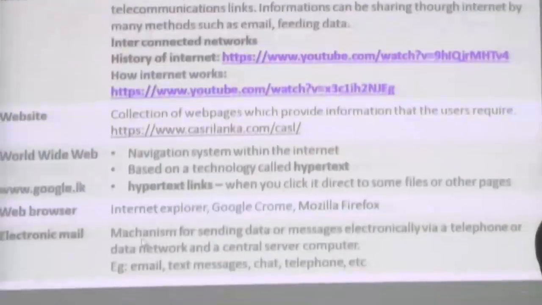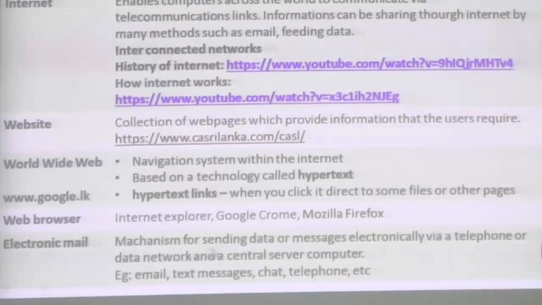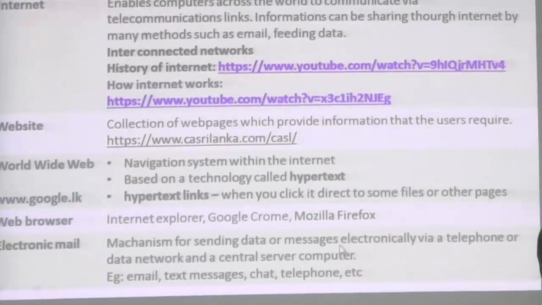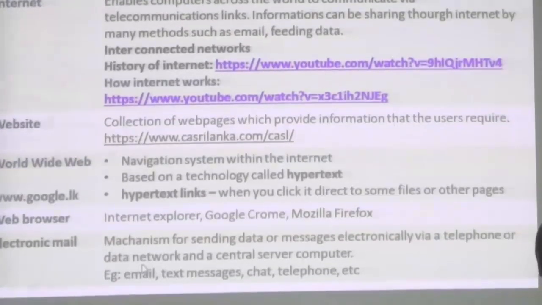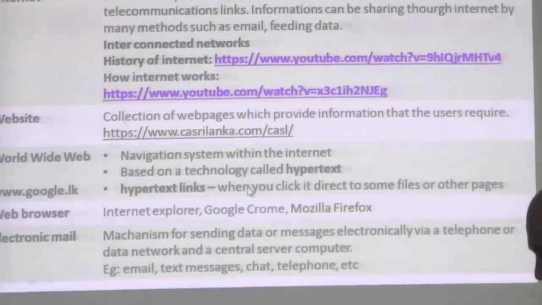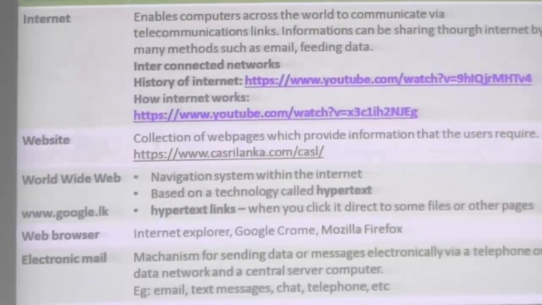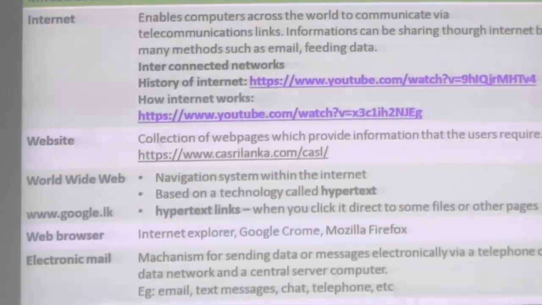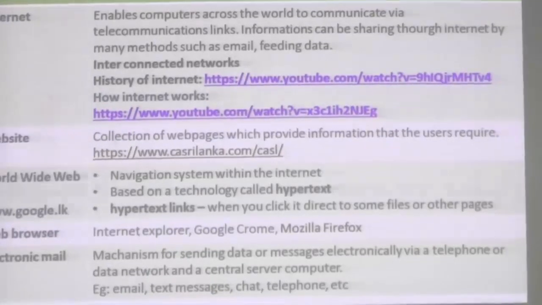Electronic mail is another infrastructure. It's a mechanism for sending data or messages electronically via a telephone, data network and a central server computer. In early days, if a message was to be sent to somebody, someone had to travel.